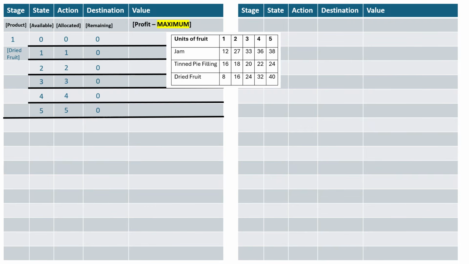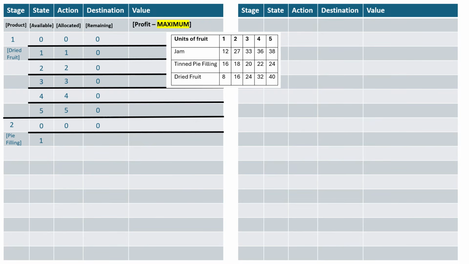The second product is always the longest because there's much more variation in what we could do. So our stage 2, our second product, is the pie filling. Again, by the time we get here, there may be nothing left. Now, if there's nothing left, there's nothing to allocate, so we can't leave anything through.